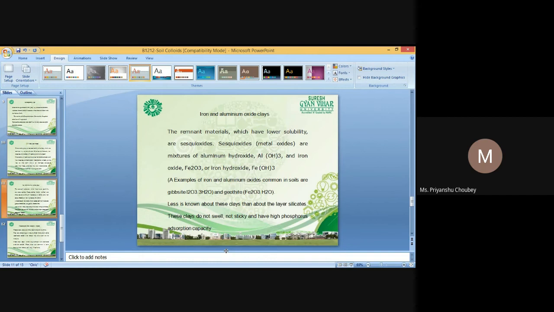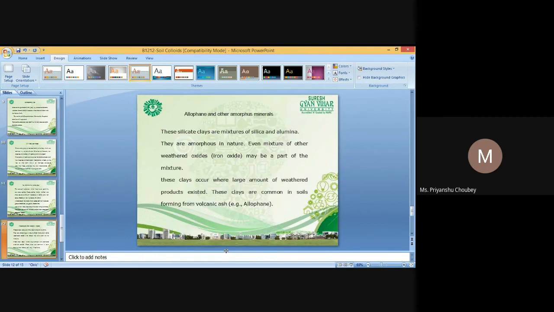Calcic horizon, from the Latin calx, meaning lime, an illuvial horizon of calcium carbonate accumulation, greater than 15 centimeters thick and not cemented, with 50 centimeters or more calcium carbonate in soil and greater than 5 percent calcium carbonate, underlying a layer.